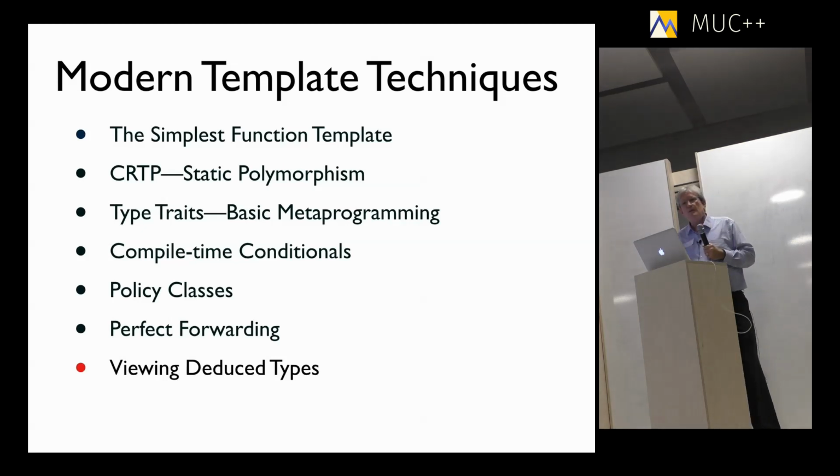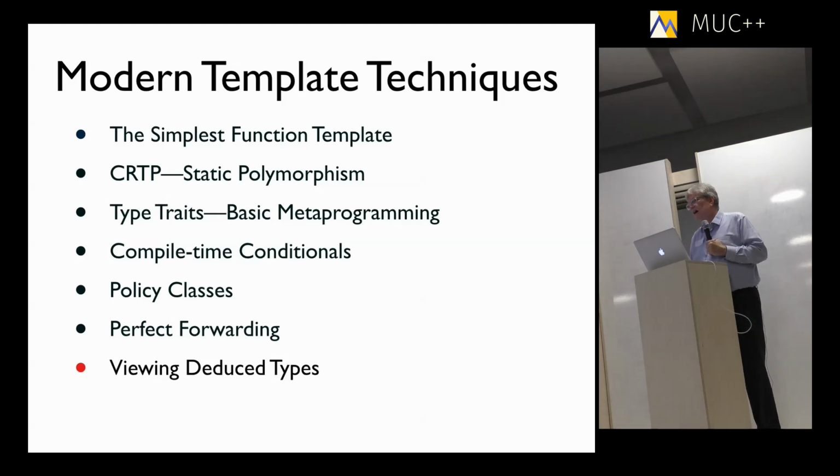All right, so the problem we have is we would like to be able to look at a type that is being deduced by the compiler and have the compiler tell us what that type is. So one way of doing this is, any of you that are using modern IDEs, you can probably hover your mouse over it, right?